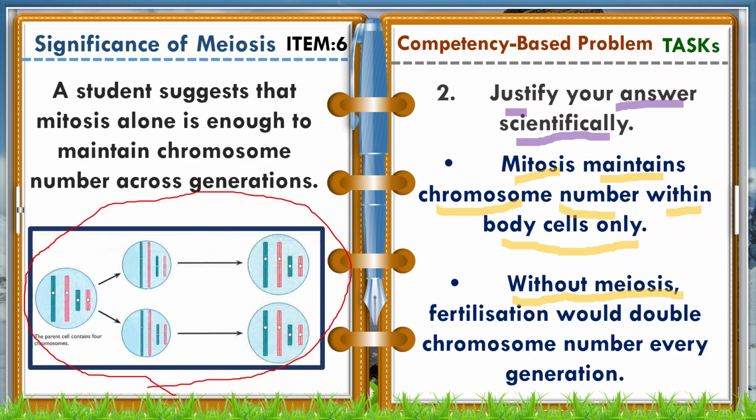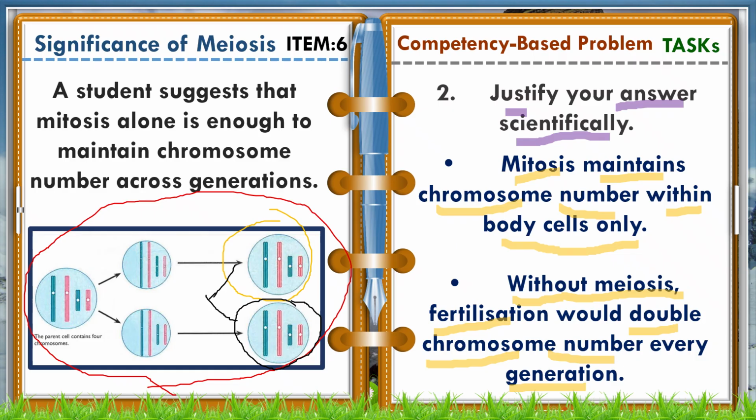Without meiosis, fertilization would double the chromosome number every generation. If mitosis were responsible for formation of gametes, and the gametes formed had the same number of chromosomes as the parent, then when these gametes combined we would double the number.